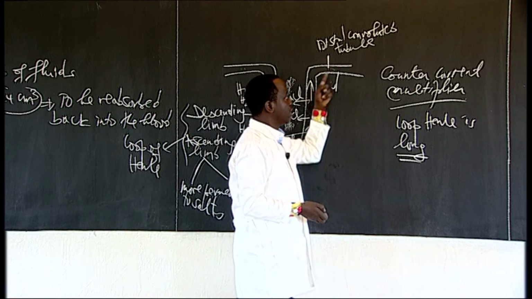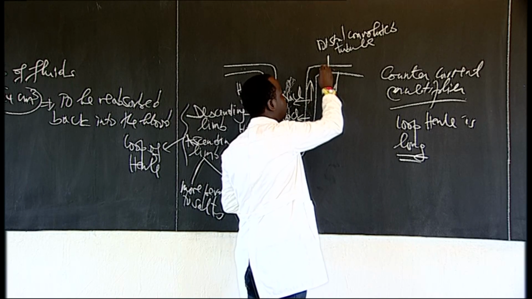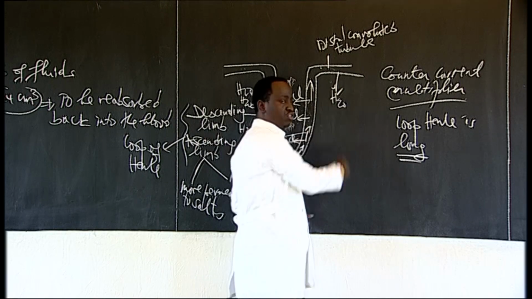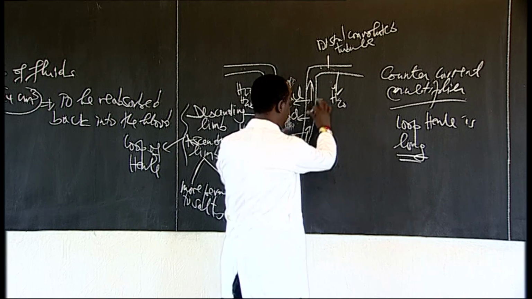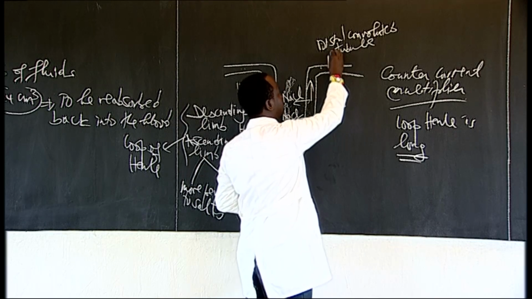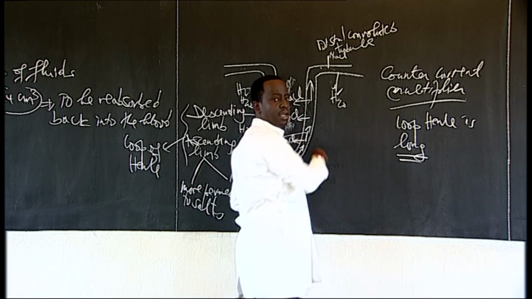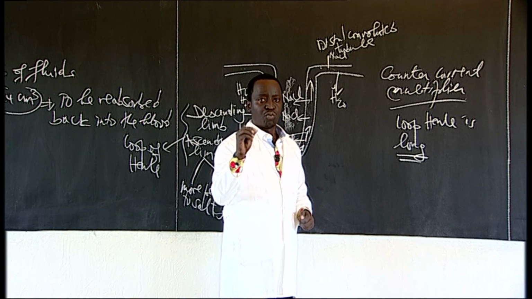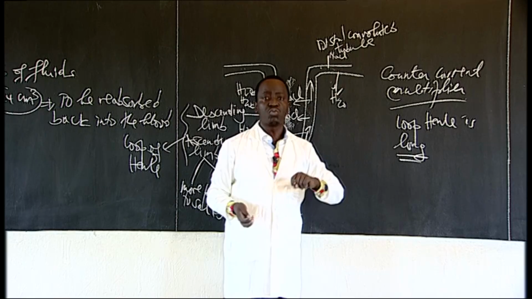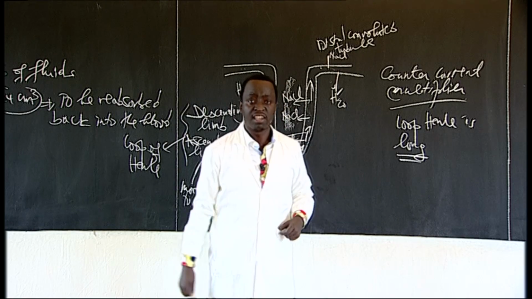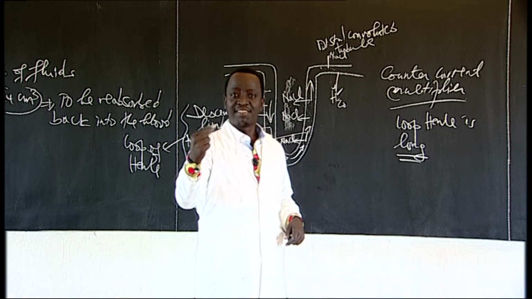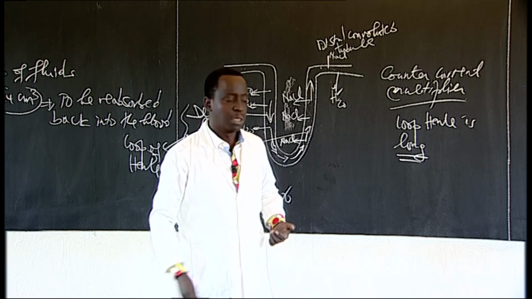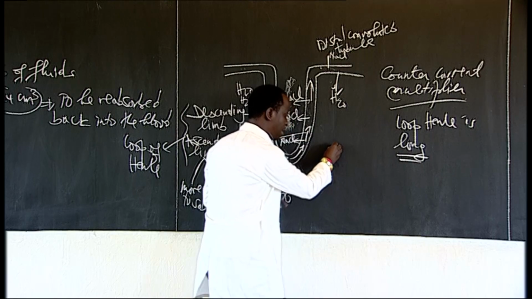But what you have to know here, when our filtrate reaches here, there is some water that's going to be reabsorbed back into the blood. Here we have blood. There are also some ions that are going to be reabsorbed back. Also, here at the distal convoluted tubule, there is what you call secretion. Now, that is the third step of urine formation. Secretion of what? Are you together?